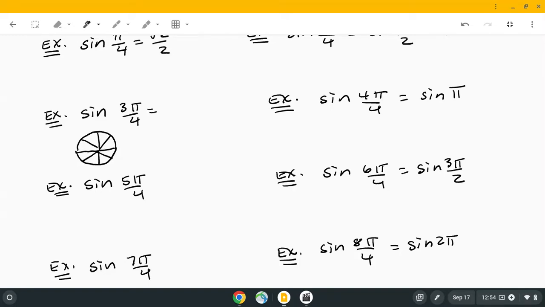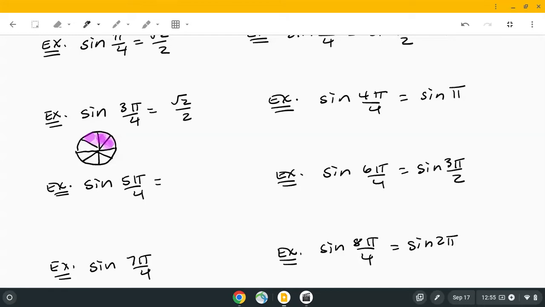All right. So this here is 1/4, that's 2/4, and this is 3/4. So we see that 3 pi over 4 lands in quadrant 2. So if it's in quadrant 2 and we need to find the sign, sine is associated with the y values, so they're positive here. So this is going to be positive square root 2 over 2.